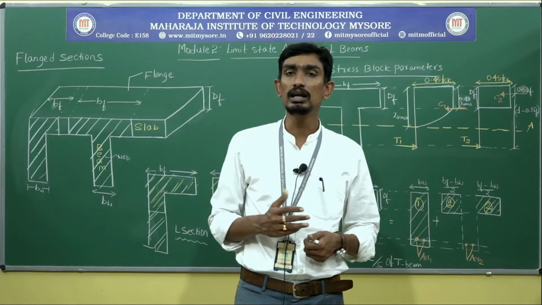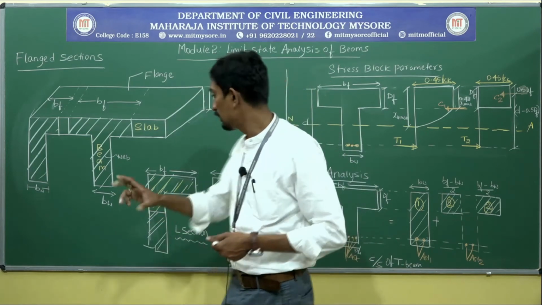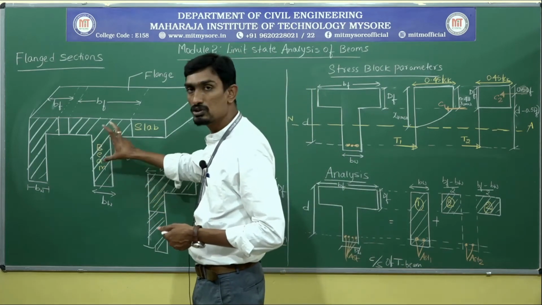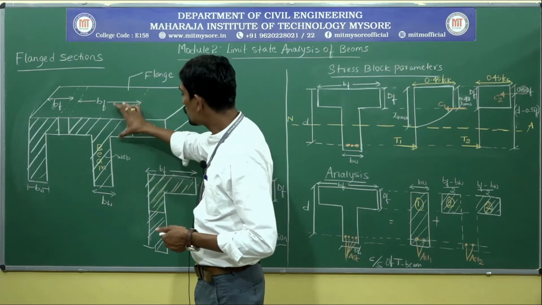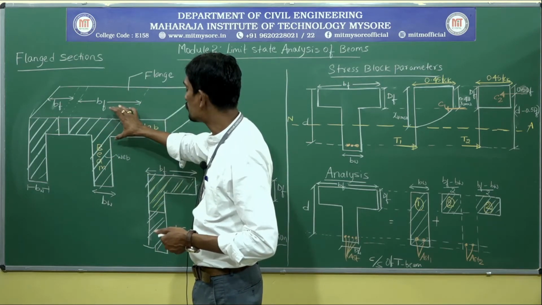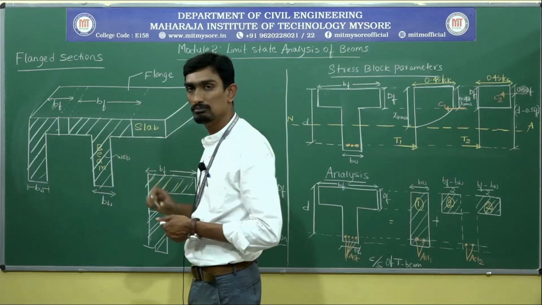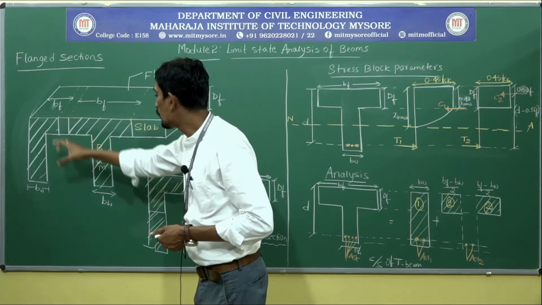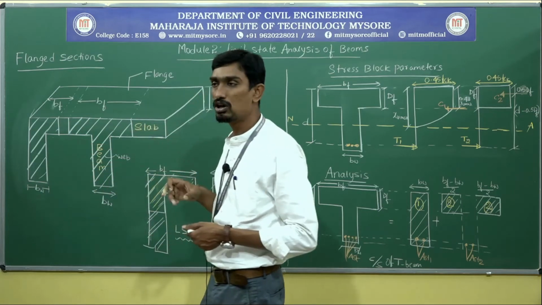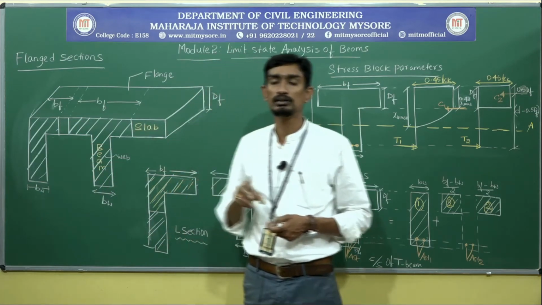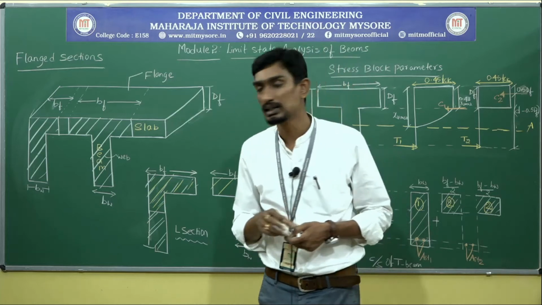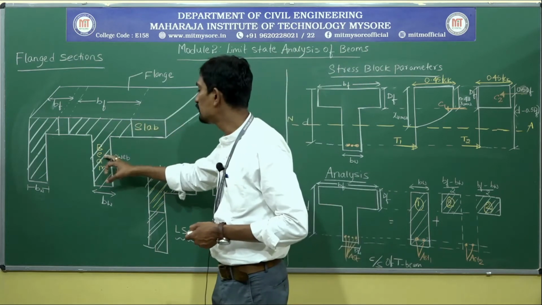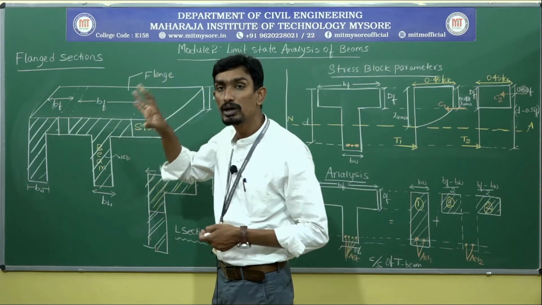Till now we were dealing with a rectangular section, and now one more component is added to the beam. Why is it called monolithic? Because the slab and the beam are cast together.